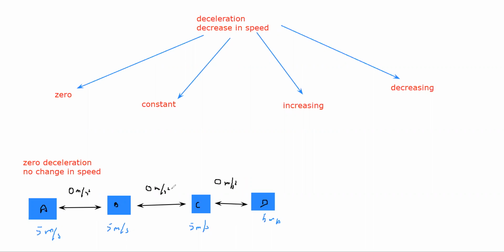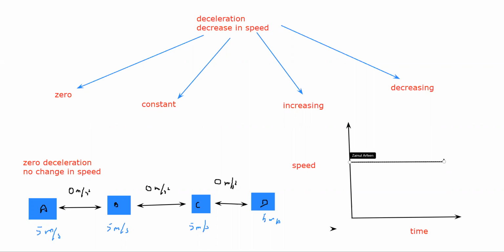If the speed of an object does not change, it means it has 0 acceleration or 0 deceleration. So what will be the shape of the speed time graph for this type of motion? If we have speed on the y-axis and time on the x-axis, speed is not changing, so it will be a straight line.